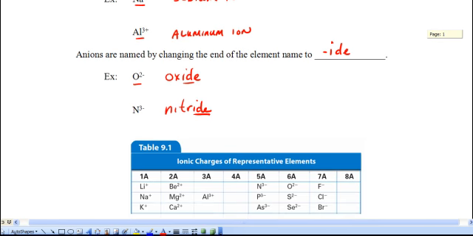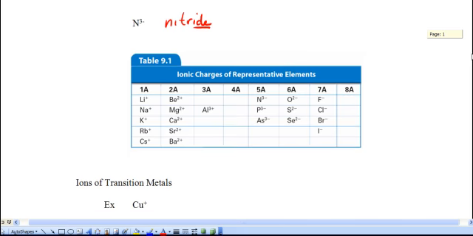Now, if we scroll down, do you have to actually memorize all of this? Well, you do have to know the ion charges, but you don't have to memorize them. It's fairly easy to figure out from the periodic table. If you are in the first column, they form +1 charges. If you're in the second column, the alkaline earth metals, they form 2+ charges.